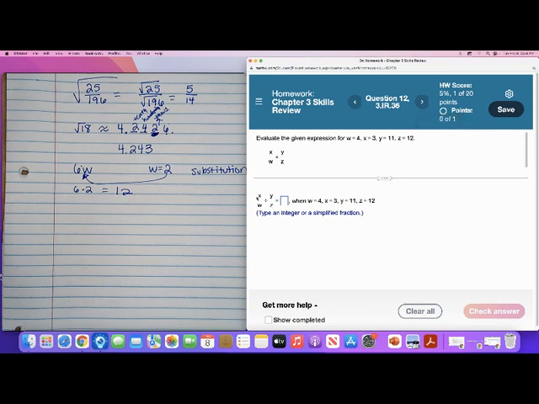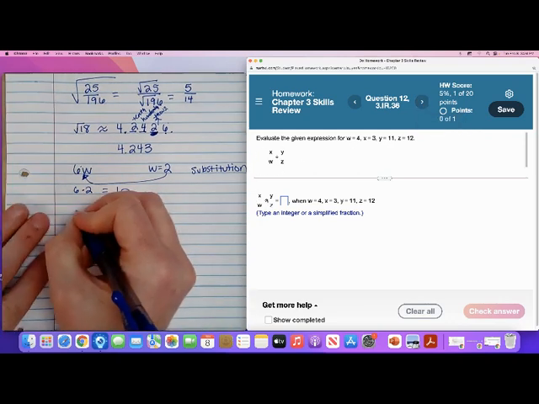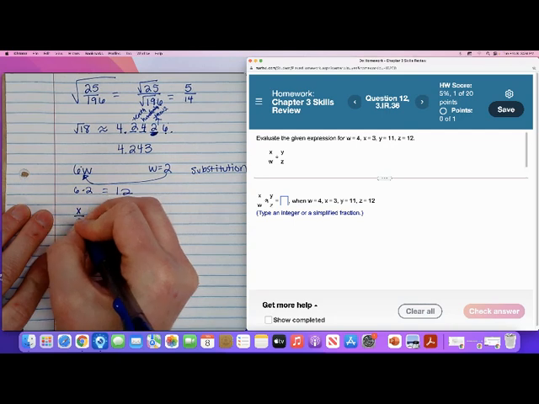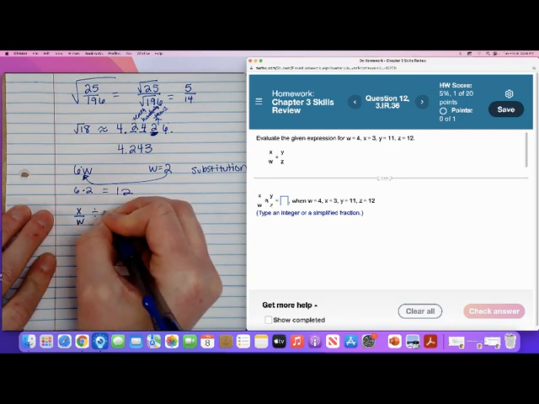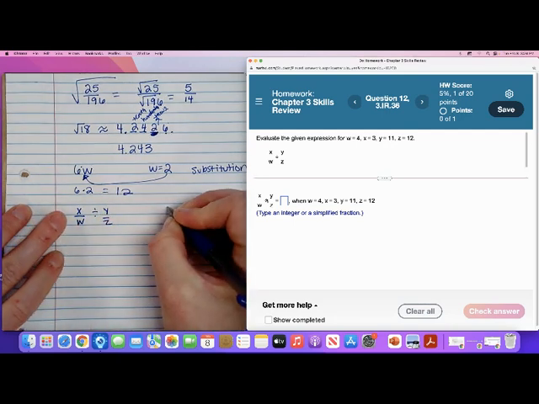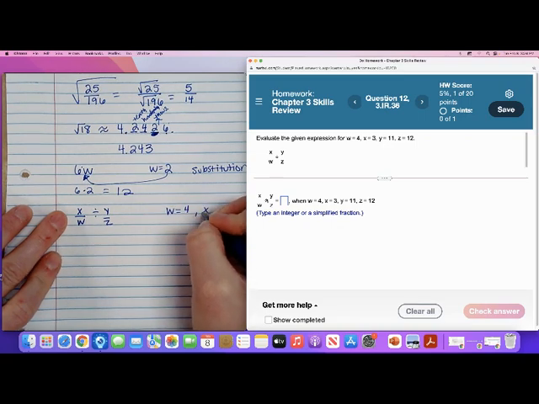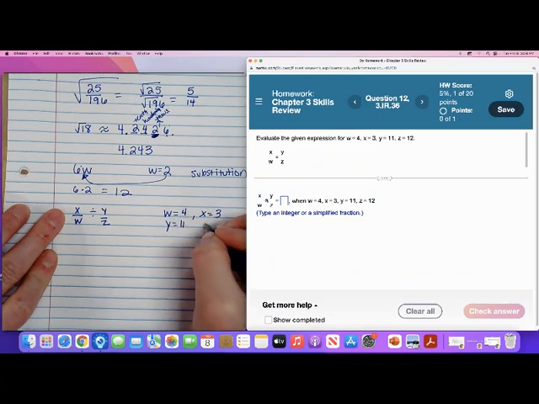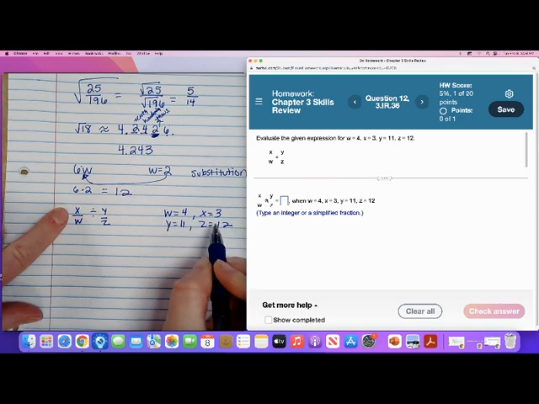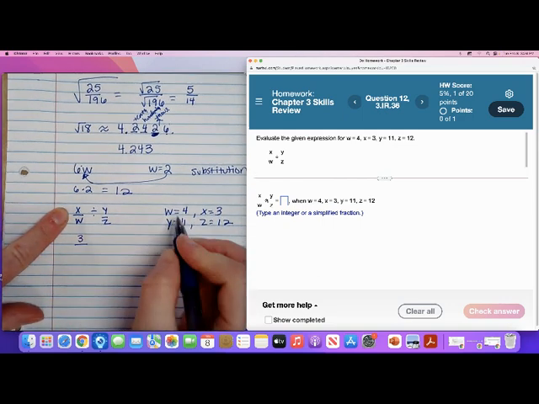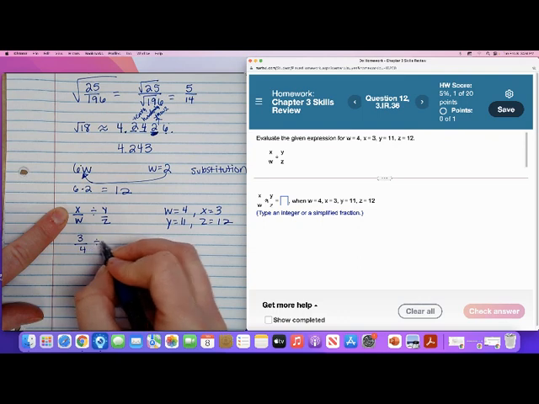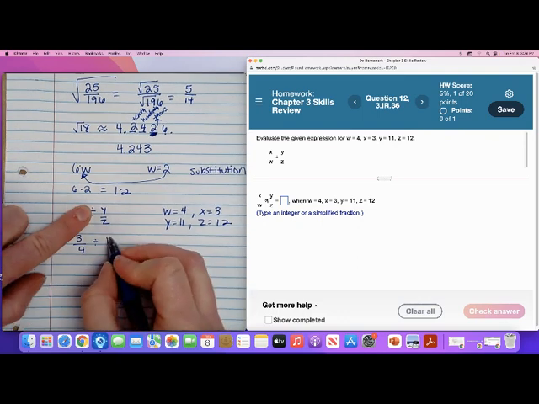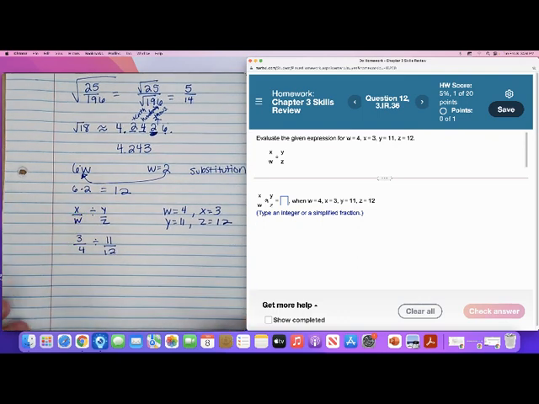Same thing here. Oh, this is dividing fractions. So this says x over w divided by y over z. And it tells us w is 4, x is 3, y is 11, z is 12. So I need to plug all these in. So x is 3 over w 4 divided by y is 11, z is 12.